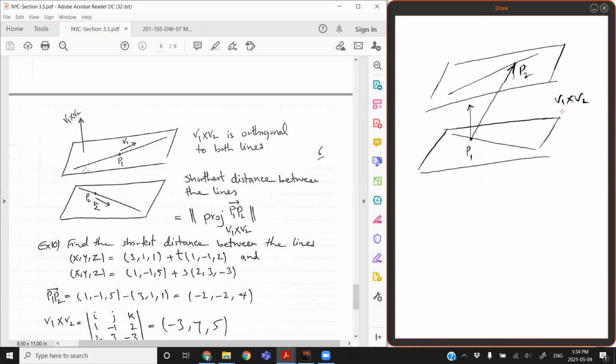V1 cross V2 will be orthogonal to both planes. You can find the norm of the projection of P1P2 along this vector. So that will be the projection, and the norm of that is the distance. So you can find the projection of P1P2 along V1 cross V2, and then take the norm of that. That would be the distance.